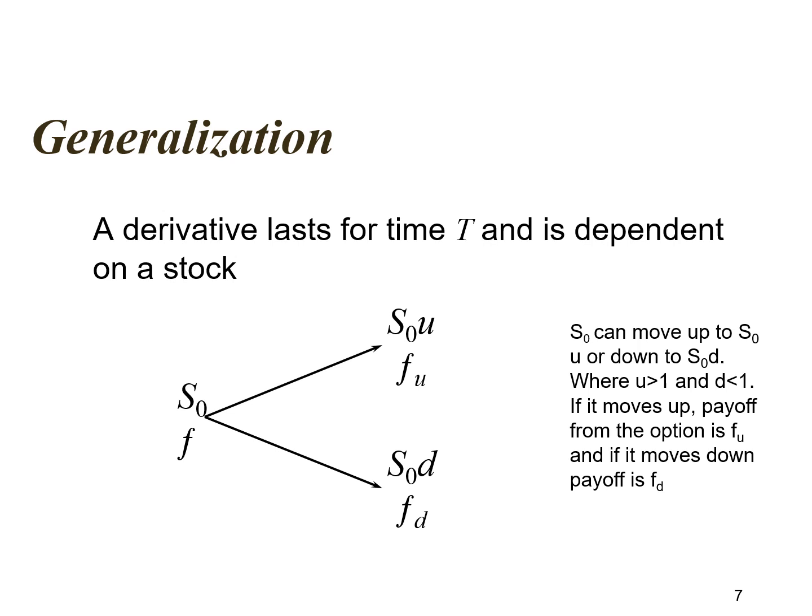Likewise, if it goes down, the value of the portfolio is S0d and the value of the option would be fd. And if you discount it backwards, like what we saw earlier, you basically get small f, which is the value of the option today, assuming that you know the period of expiry for the option and the risk-free rate.